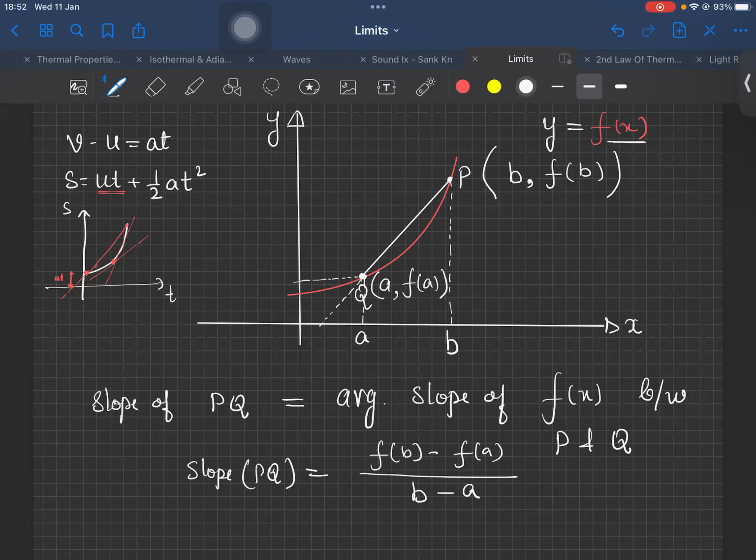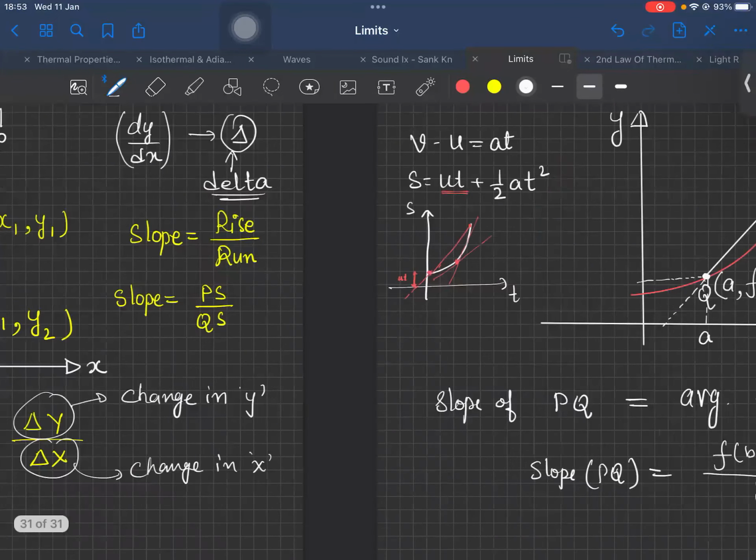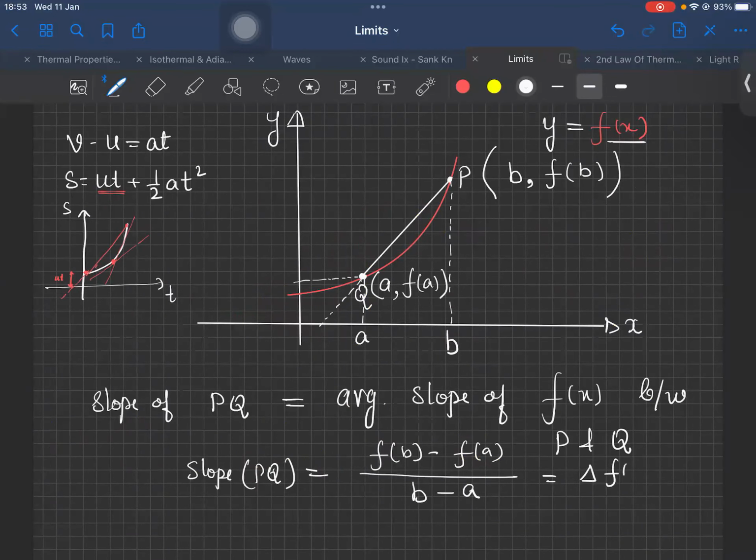Again, we are going to talk about different notations, which notation is Newton's, which notation was given by Leibniz. These are some of the mathematicians known as fathers of calculus. This notation, delta f of x upon delta x, was given by Newton.